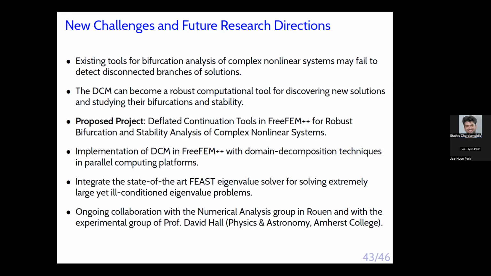In some cases, those tools may fail when it comes to detection of disconnected branches of solutions. So the deflated continuation method that I showed you could become a good candidate for discovering new solutions, at least what we have seen so far, and also studying their bifurcations and stability.